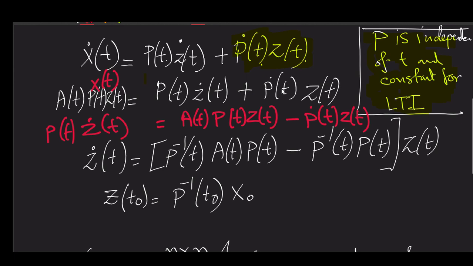Now if you pre-multiply both sides with P inverse(t), because P is invertible for all values of time, you will get this result.